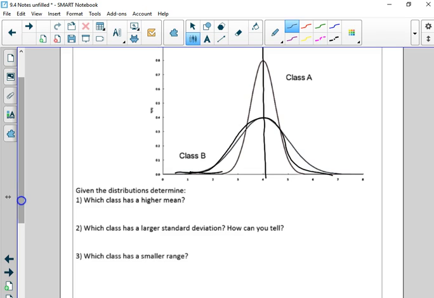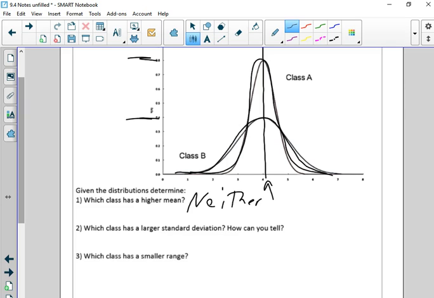Class A, this one right here? No. Neither. This right here is the mean, and the median, and the mode. The line goes through the same point on both of them. Okay? This up here tells you how many.